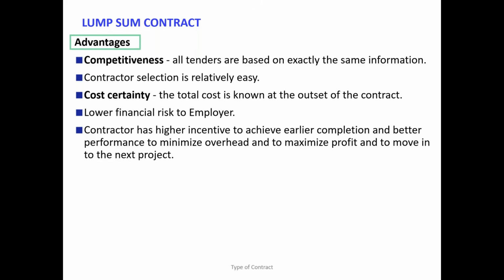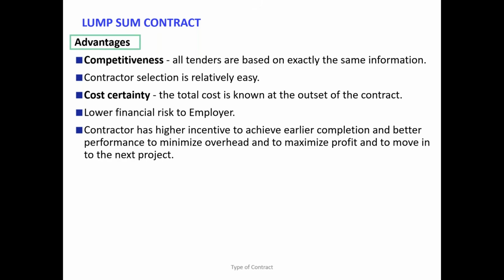Now, if the work is done earlier, does the contractor have some saving on his operational cost? Yes. What kind of saving? Mostly preliminaries: site office overhead and head office overhead, salaries for the staff, rental, and other payments.